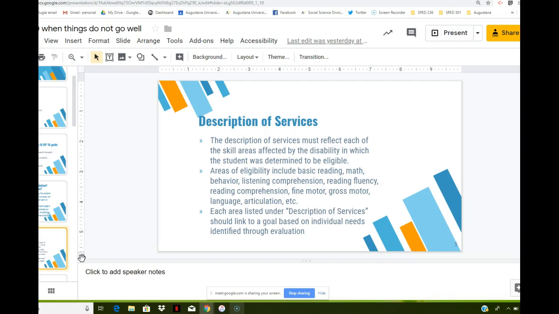You might have a goal about writing that the occupational therapist, the speech therapist, and the special educator all work on, because it's language, it's writing, it's the act of writing. So all three therapists might work on an area. You might have just one goal they're all working on, but you should have services from each of those areas to address that need. Does that make sense? Okay. Hearing nothing, I will move on.